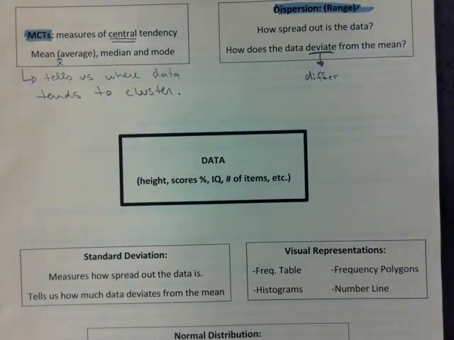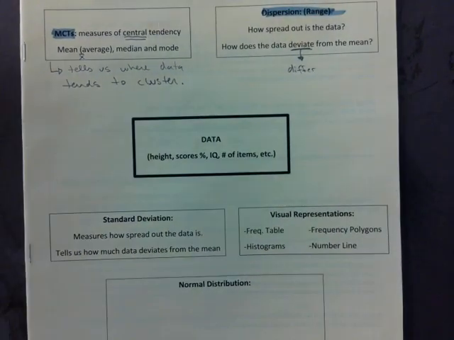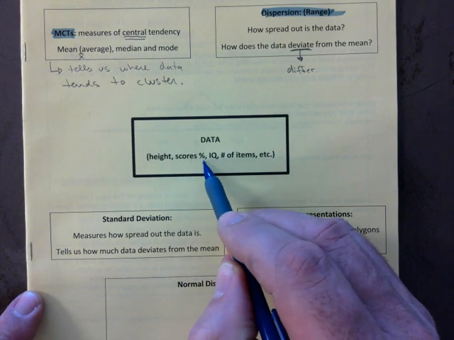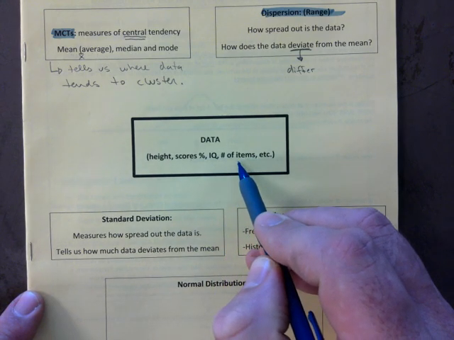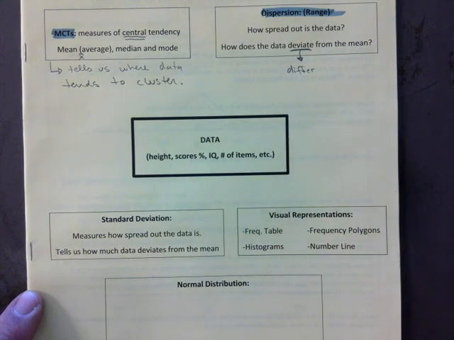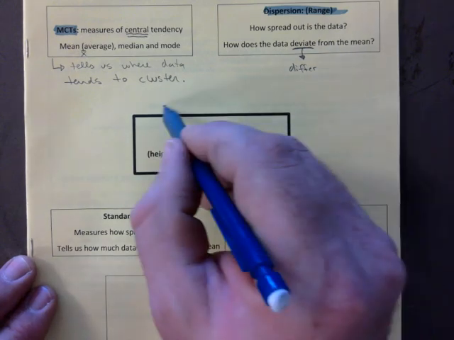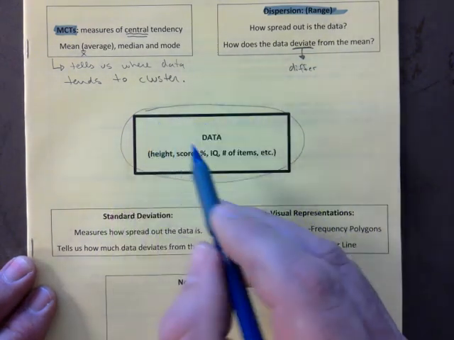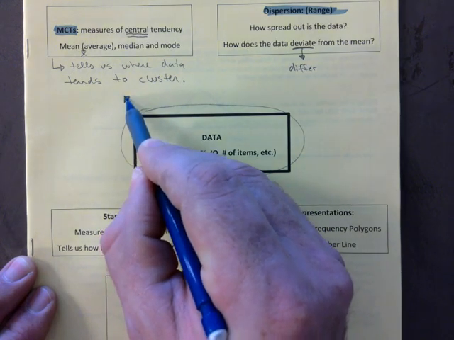And notice that data is at the center of this. Data is the center, so it could be height, scores as a percentage, IQ score, number of items, average weight. It could be anything that you collect, right? So data is at the center of this page for a reason. You need data to figure out the mean, median, mode.